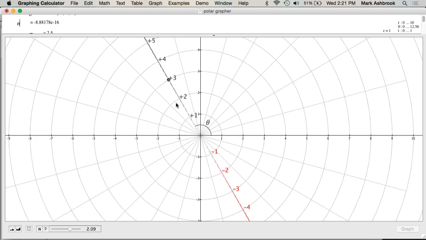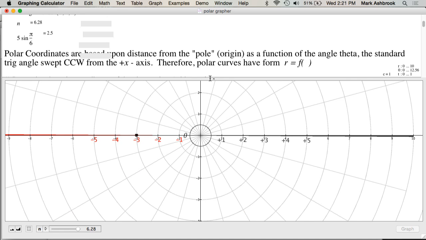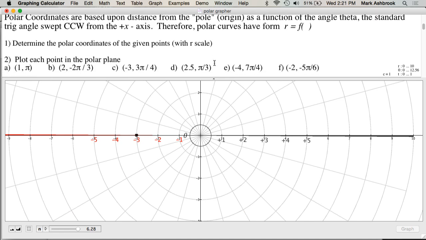All right, so let's do another exercise. Now I'm going to give you points, and you're going to sketch them. So here's a list of points. I want you to sketch these.